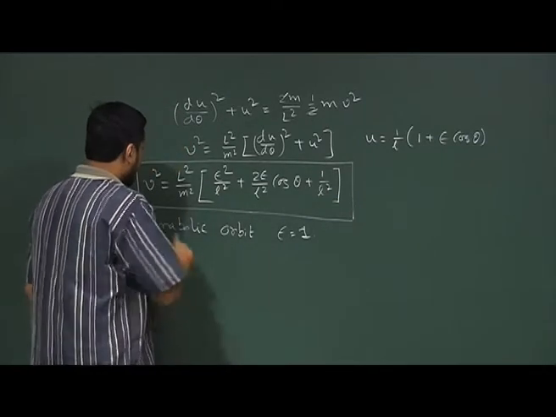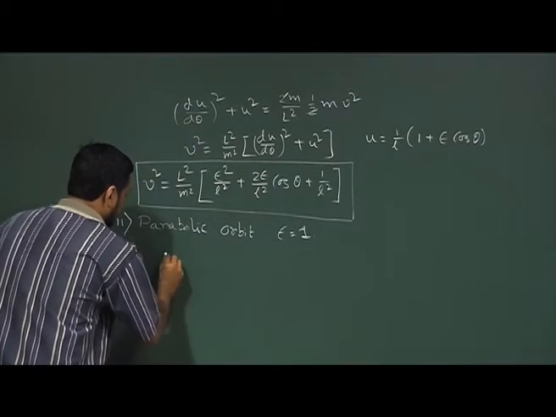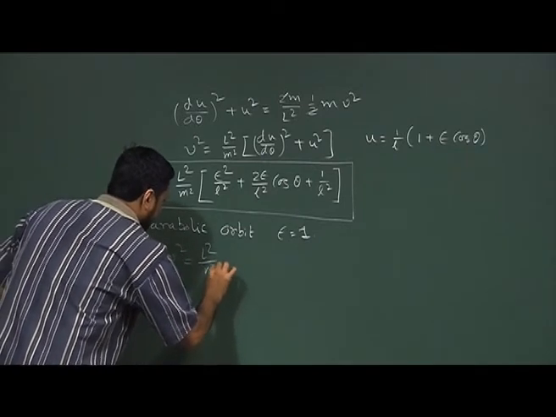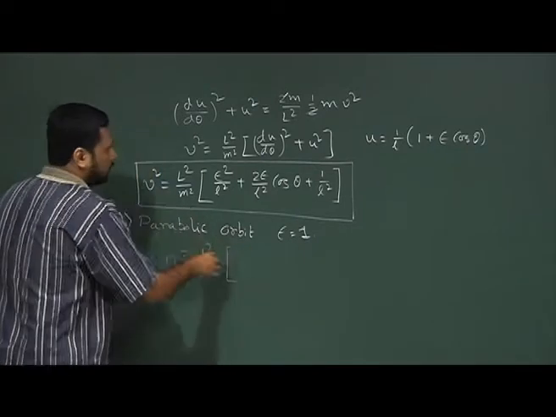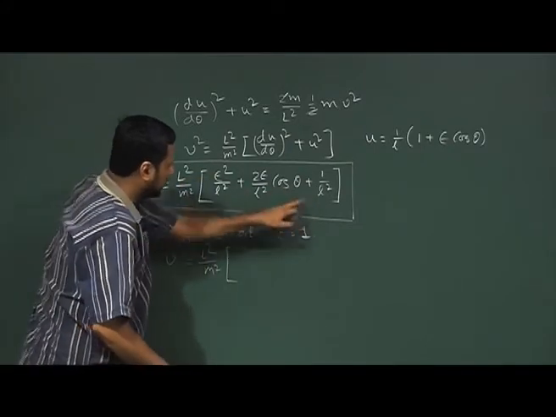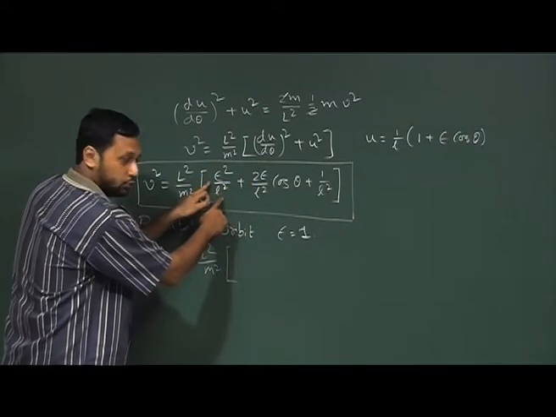Now, if we put epsilon equal to 1 into this expression, then we see that v² is equal to L²/m². If you put 1 here, these two expressions will look alike, and so they will add up to give you 2 by l².